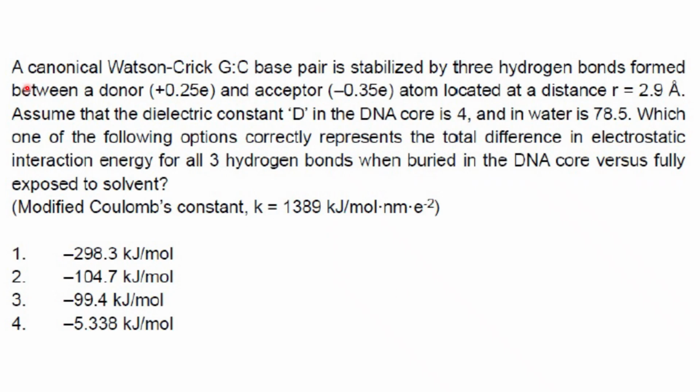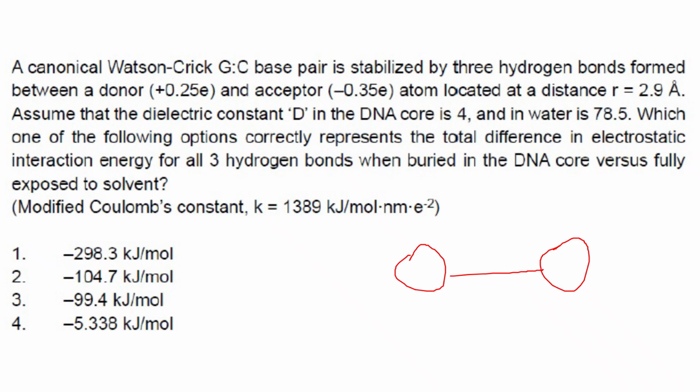Then the next one. A canonical Watson-Crick GC base pair is stabilized by 3 hydrogen bonds formed between a donor and an acceptor atom located at a distance. So this is the donor and this is the acceptor. This is the distance between the two.